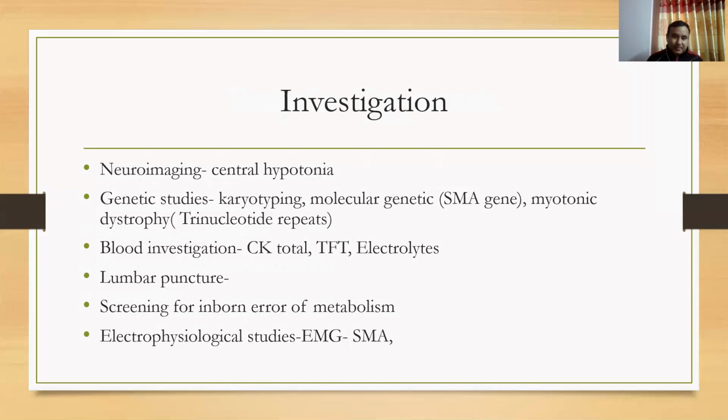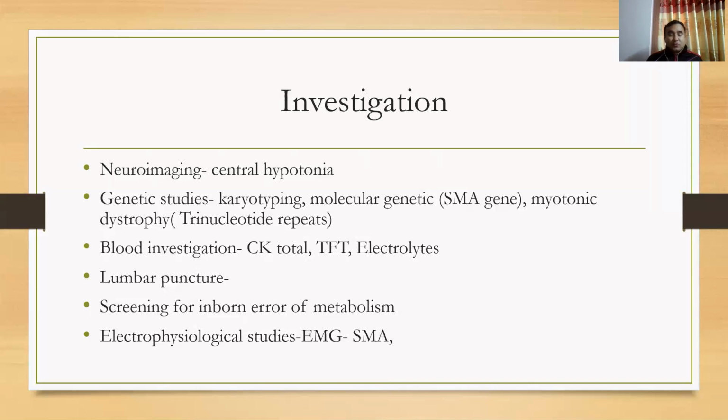Definitely, before doing all these high-end investigations, we have to stick with the basics, and we have to send the total CK. If there is a very high total CK, it usually suggests myopathies. One of the important reversible causes of hypotonia in a child is hypothyroidism. That's why we need to send a thyroid profile to every child who has hypotonia.